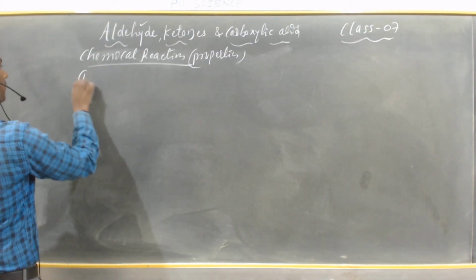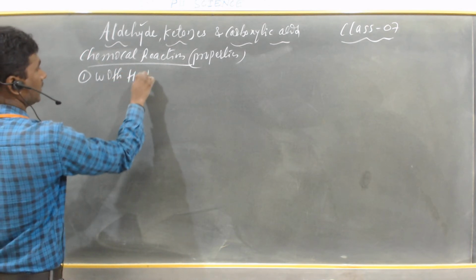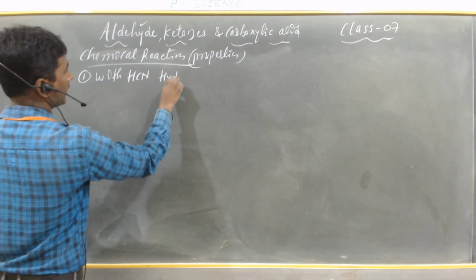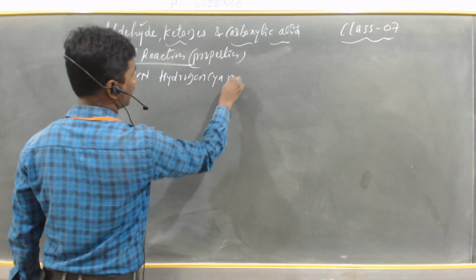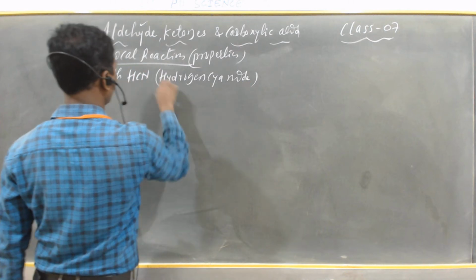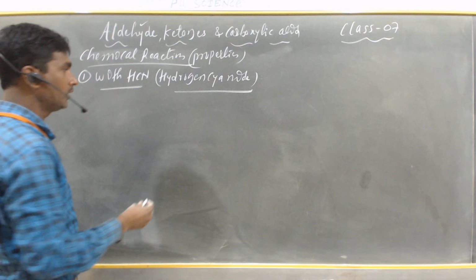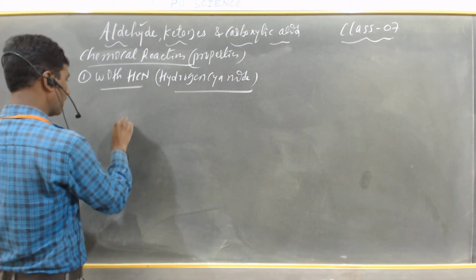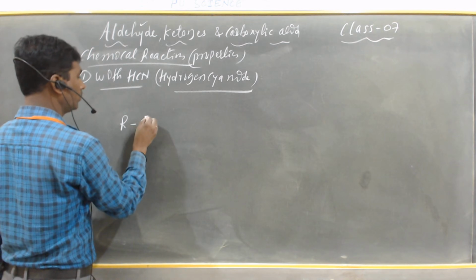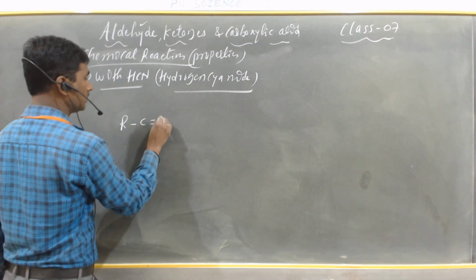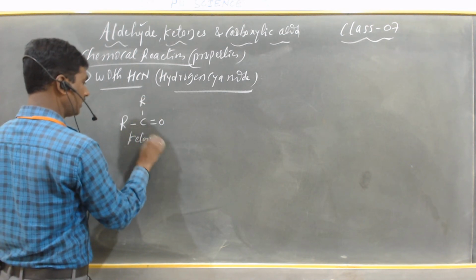Okay, the first chemical property is with HCN. HCN means hydrogen cyanide. What is this? R, C=O, R. This is called a ketone.